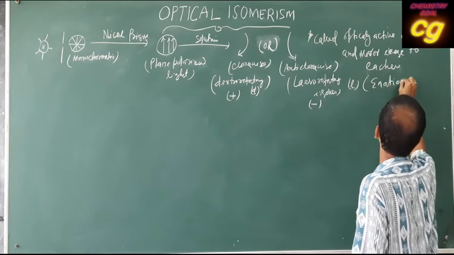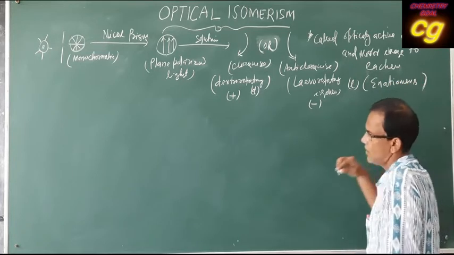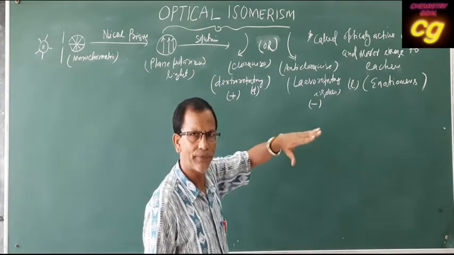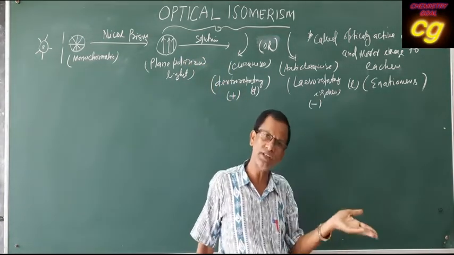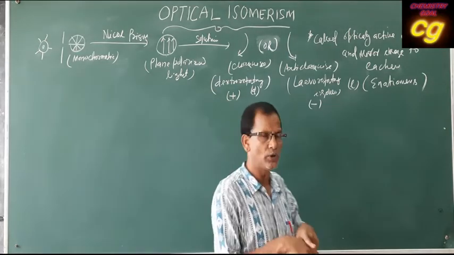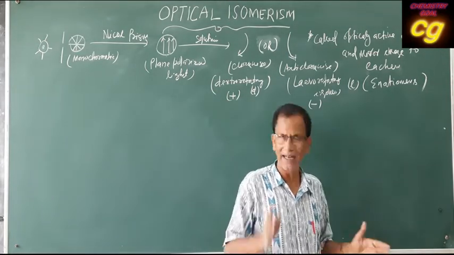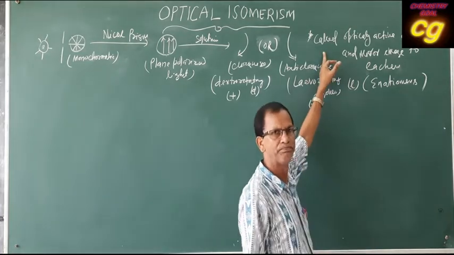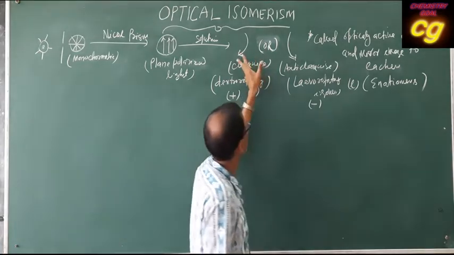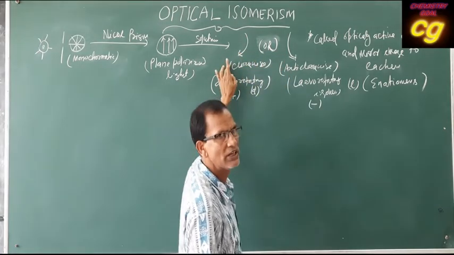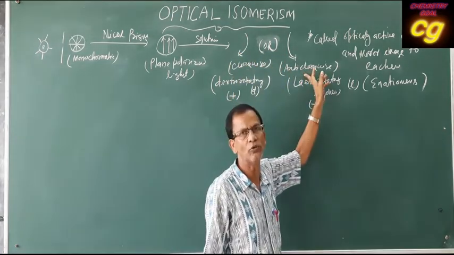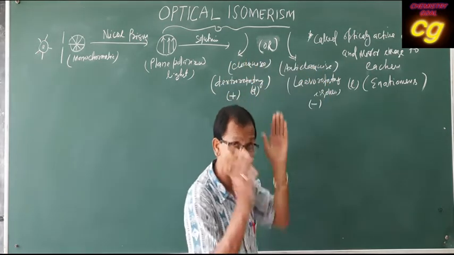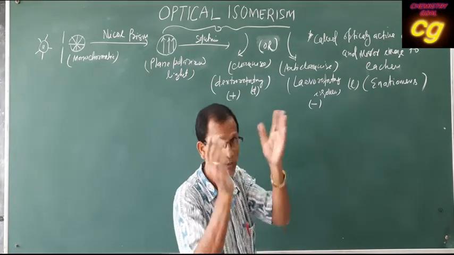What are enantiomers? Optically active means rotating either clockwise or anti-clockwise. If one is clockwise, then for the same formula there is another form that is anti-clockwise. Two isomers, same formula, but one rotates clockwise and another rotates anti-clockwise.